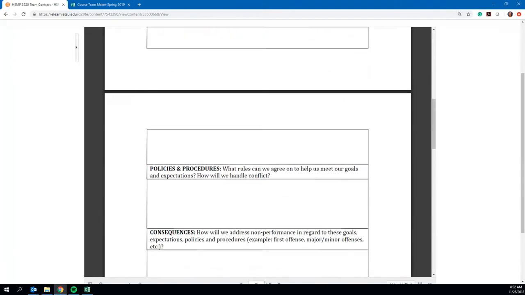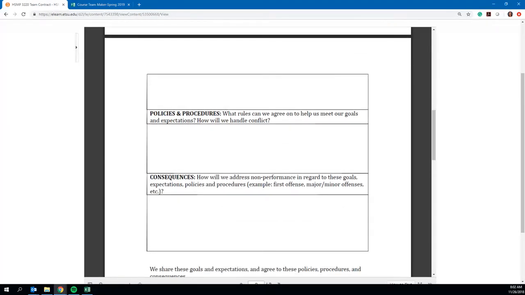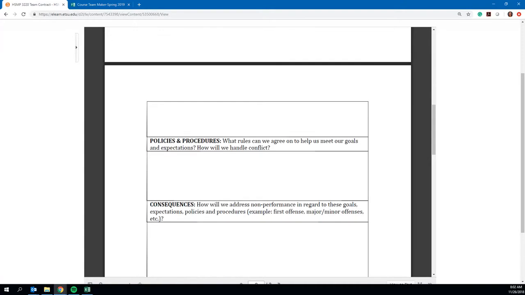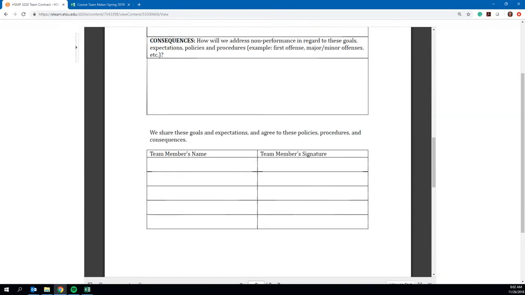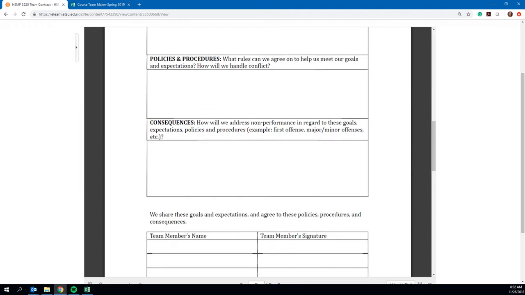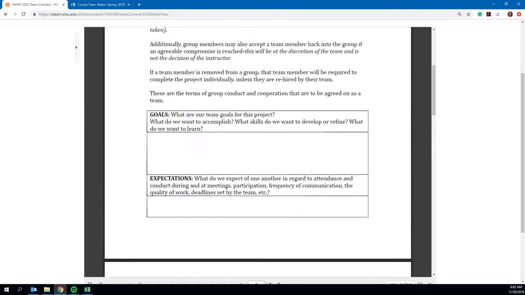And to also lay out policies and procedures and consequences should those policies and procedures be violated by any of your group members. Now, this again does have to be jointly agreed upon by the entire group and does require each team member's name, and I'll accept a typed name as an electronic signature for the group member.